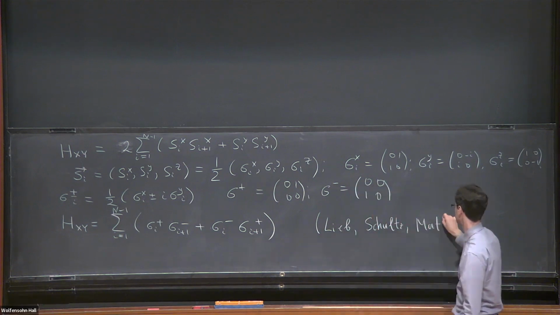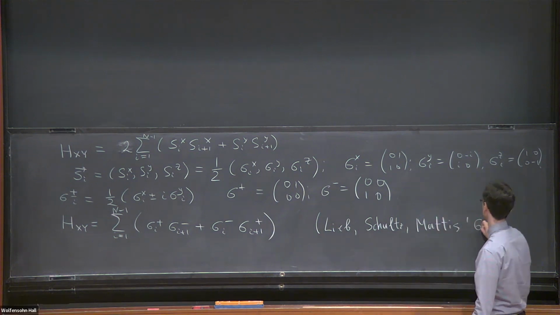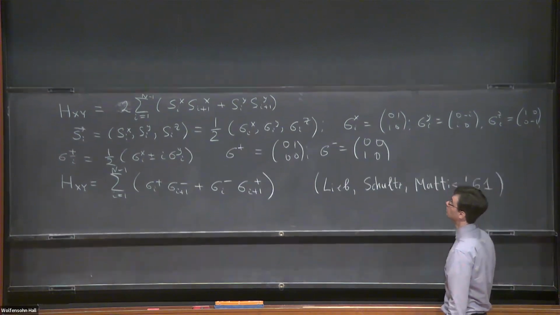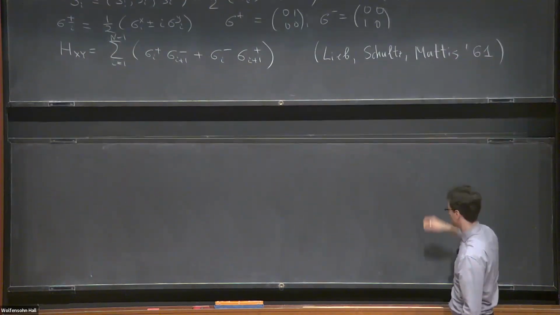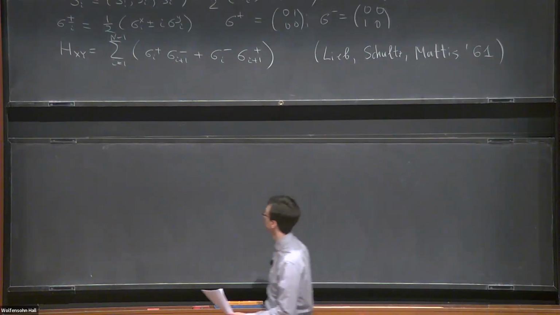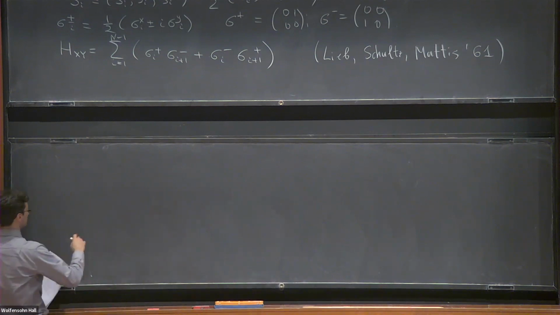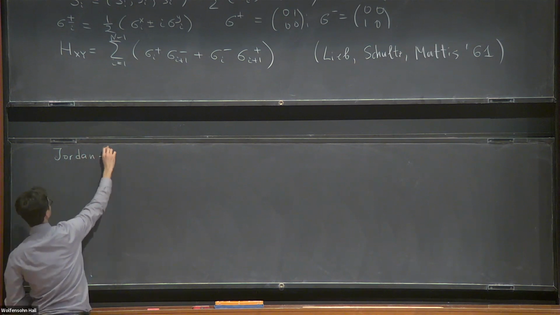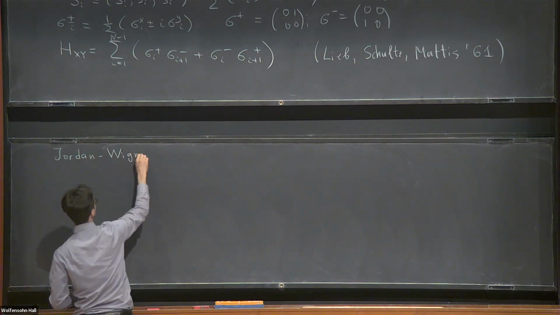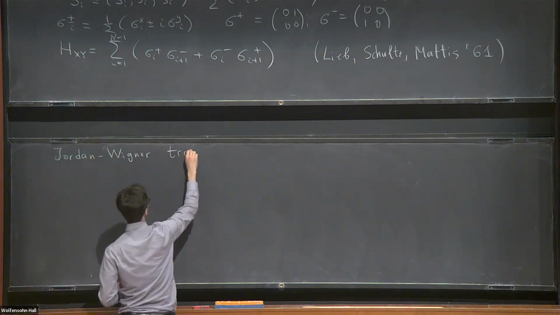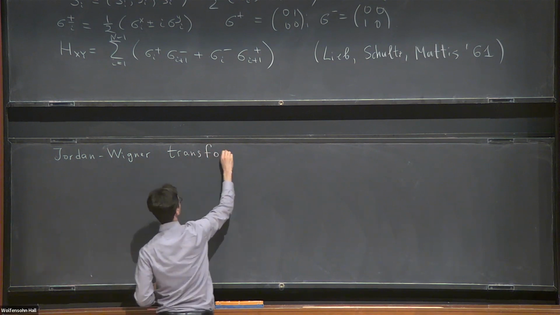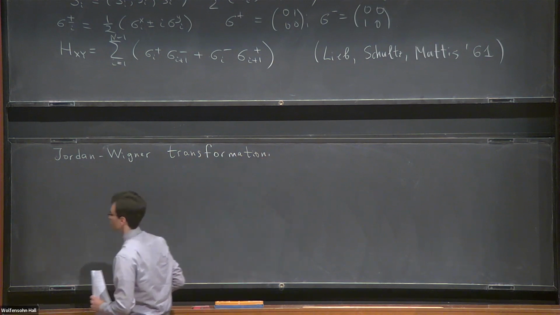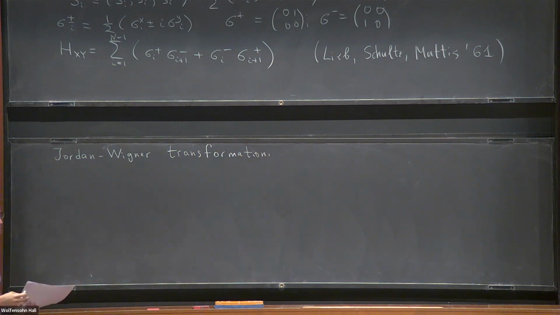To solve this, we do what we call the Jordan-Wigner transformation. Namely, we pass from spin variables to fermionic variables.